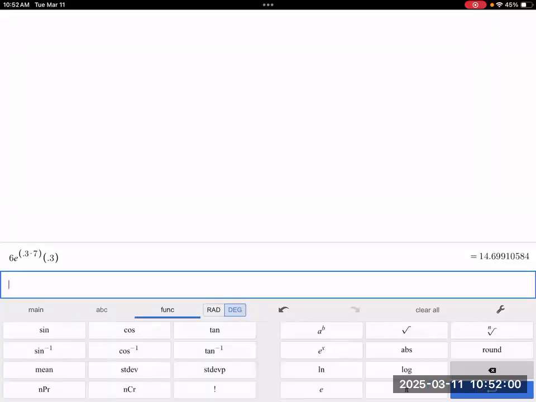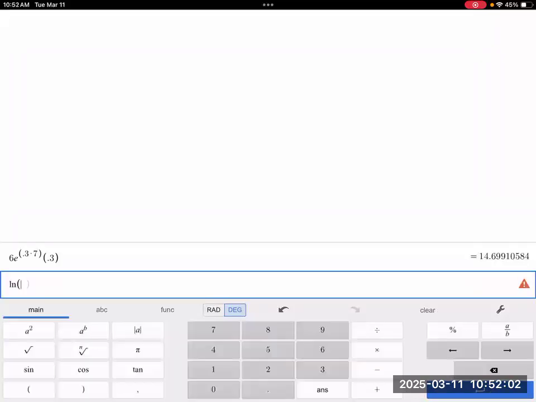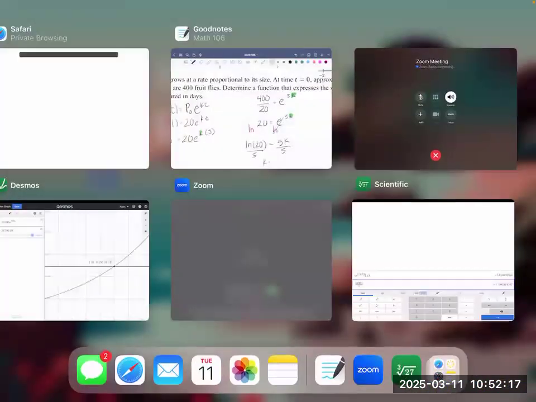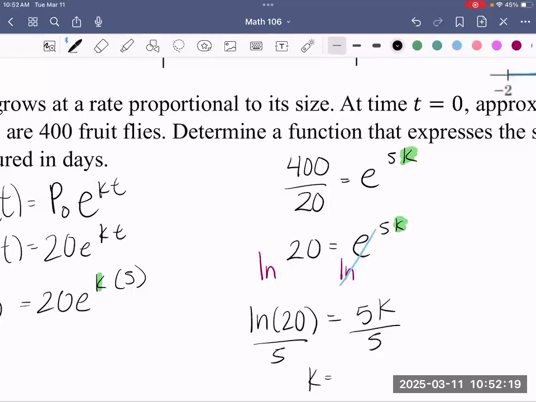So we have ln of 20. Close your parentheses because ln of 20 you can see is a number. It's about 3 divided by 5. So we have 0.59, so about 0.6 or so. Let's just round it to 0.6 approximately.